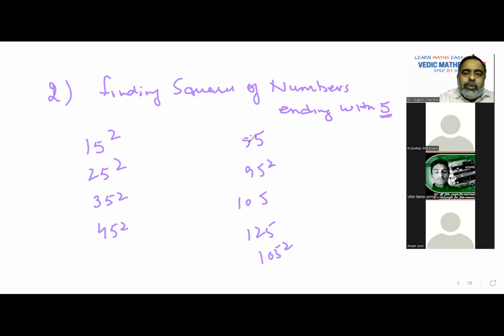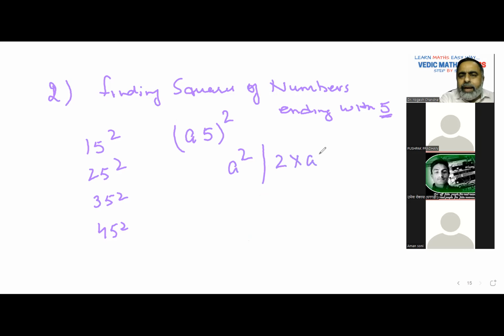Before explaining, let me tell you the reason behind it. Let's say a general number A5. A can be anything: 1, 9, 10, 19, 100 or something. What we derived: A square, 2 into A into 5, and 5 square.